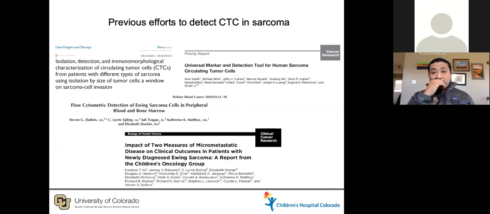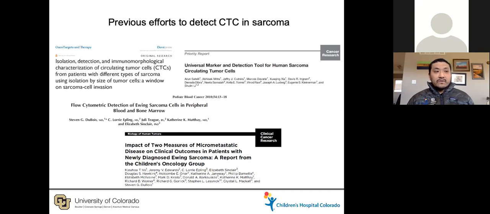These are a couple of previous efforts. Probably the largest study was this Clinical Cancer Research paper. It was based on a paper in Pediatric Blood and Cancer in 2010, where Steve Du Bois showed that in one patient, there were more CD99 positive cells in the bone marrow than in healthy patients.